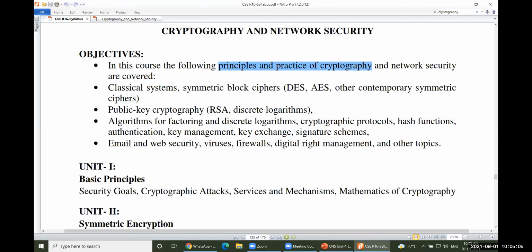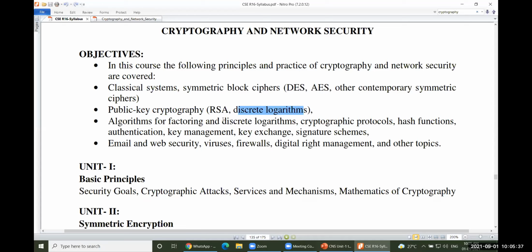There are symmetric block ciphers, which are called data encryption standard, advanced encryption standard, and contemporary symmetric ciphers. You also have to enter into public key cryptography, which is RSA, then discrete logarithms and such kinds of things are going to be taken after completion of this entire course.